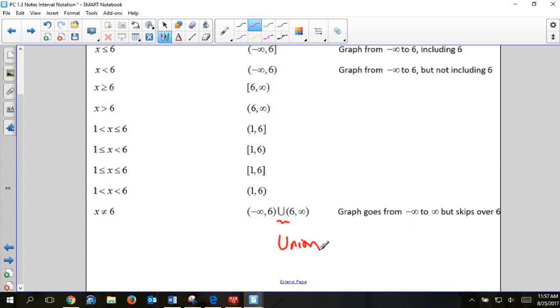That's what you say, it's union, and it's just like in conjunction with, it's like this piece and that piece together. So this one here is x does not equal 6 because it goes negative infinity all the way to 6, but it doesn't equal 6. It jumps over 6, and then it goes all the way to positive infinity. That's what that says right there.